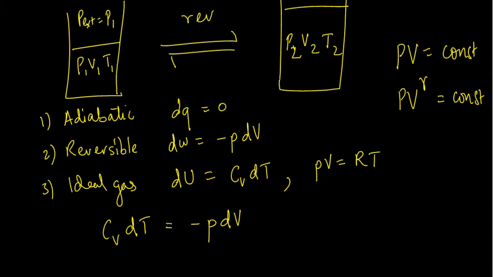Okay, so getting back to Cv dt is equal to minus P dV, and replacing minus P dV with minus RT by V dV, right? And then I could take the temperature to the other side since we have terms of temperature on the left.